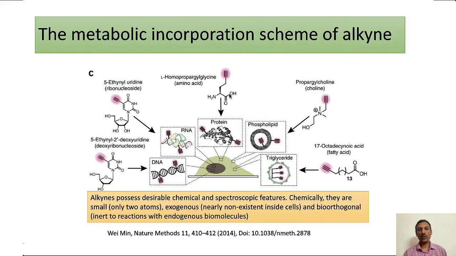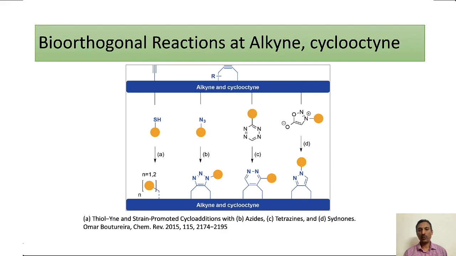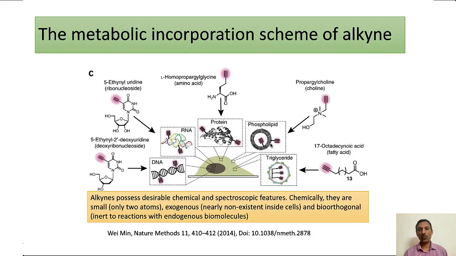So, if we are going to introduce an alkyne unit into the biological system, this particular area is the only place where, for example, the copper azide alkyne cycloaddition reaction, or any of the azide alkyne reactions like the thiol reaction or the tetrazine reaction that we have seen before, will be happening at only one particular site.